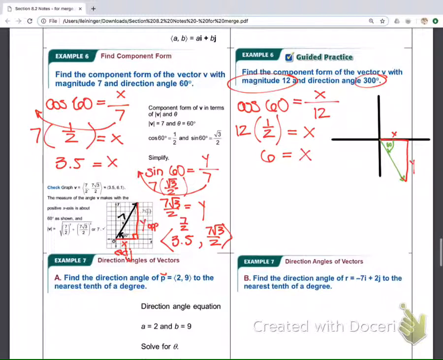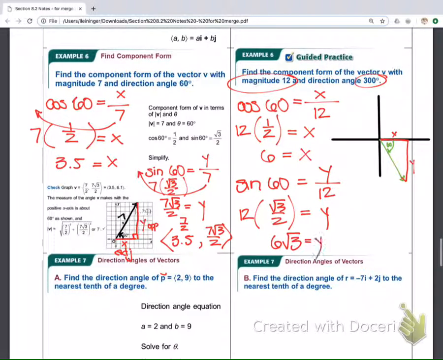So when I go through and I use sine of 60 to find the y, from the last one we know sine of 60 is root 3 over 2. If I simplify that, it's going to give me 6 root 3 for the y.